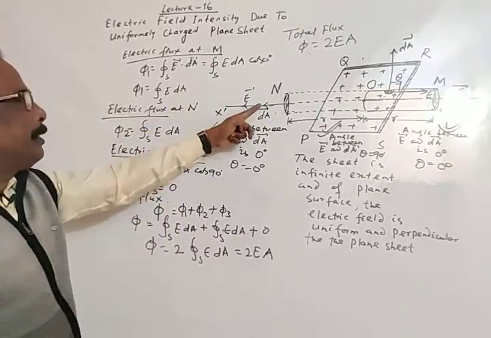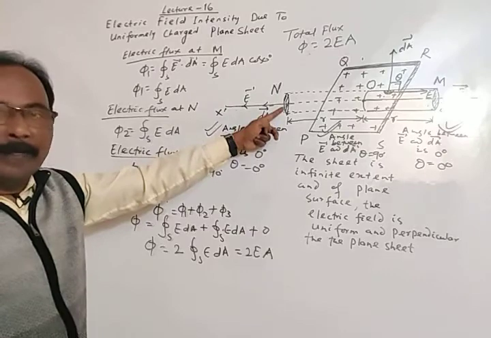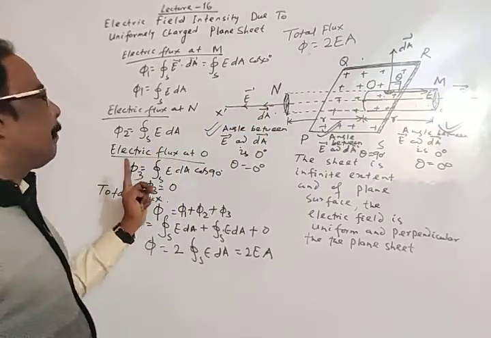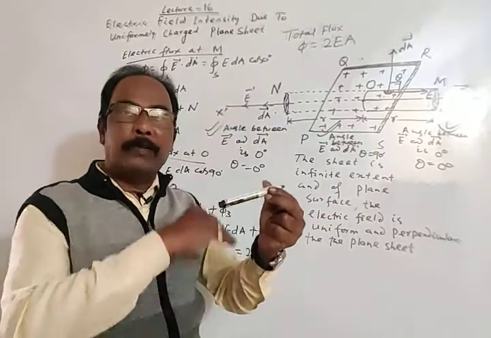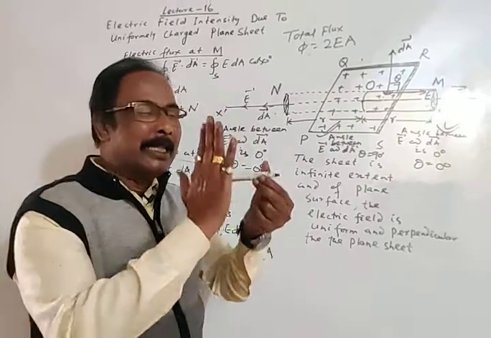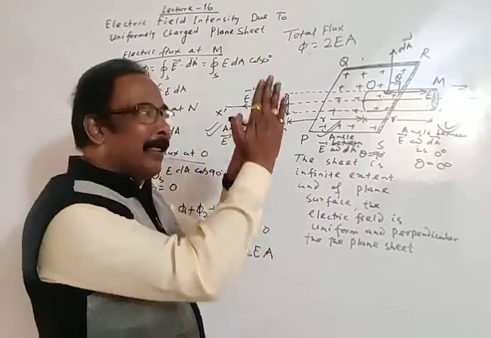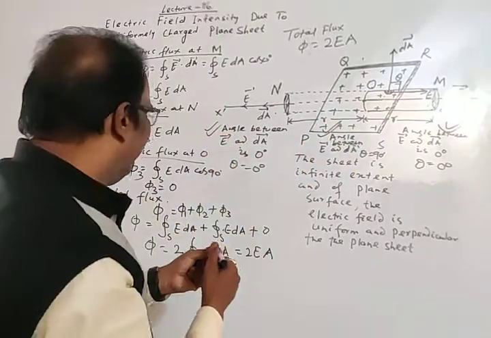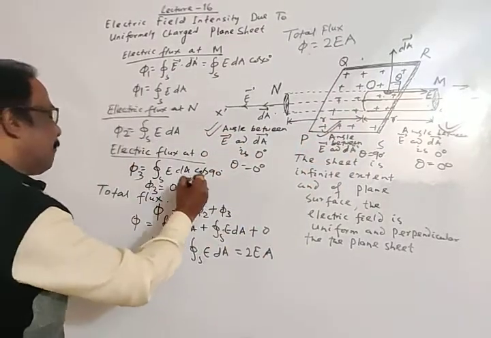Again phi 2, the flux at this elemental surface, is also the surface integral of E dA. But for flux at O, on the curved surface, if the elemental area is taken on the curved surface, then this is the direction of the elemental area vector and this is the direction of electric field. Then theta is 90 degree and flux is 0.